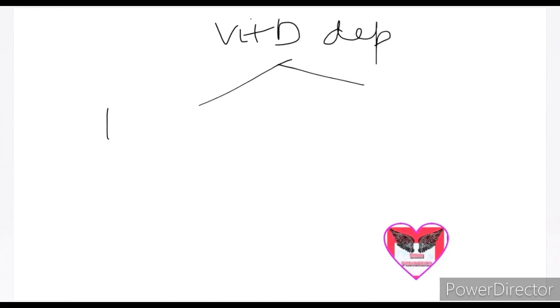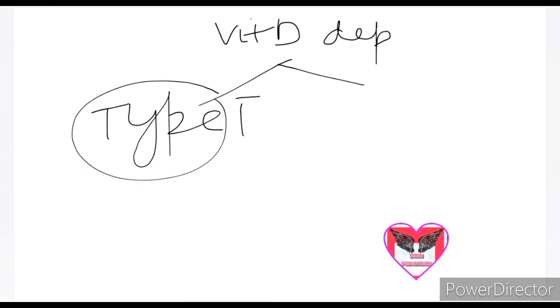We have two types of vitamin D dependent rickets. Type 1, where alpha 1 hydroxylase deficiency is there, and in type 2 there is end organ resistance.